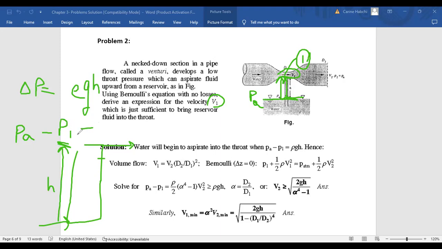Now, how do we link to velocity? To be able to link to velocity V1, we should do Bernoulli. And we know that we do Bernoulli equation along a streamline. Because we have the fluid here going from this level to this one, we can apply Bernoulli from point 1 here to point 2 here.